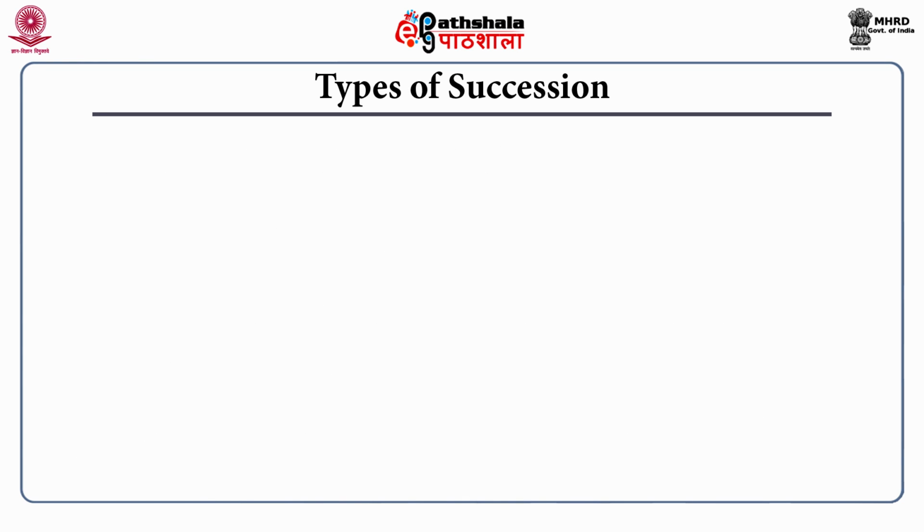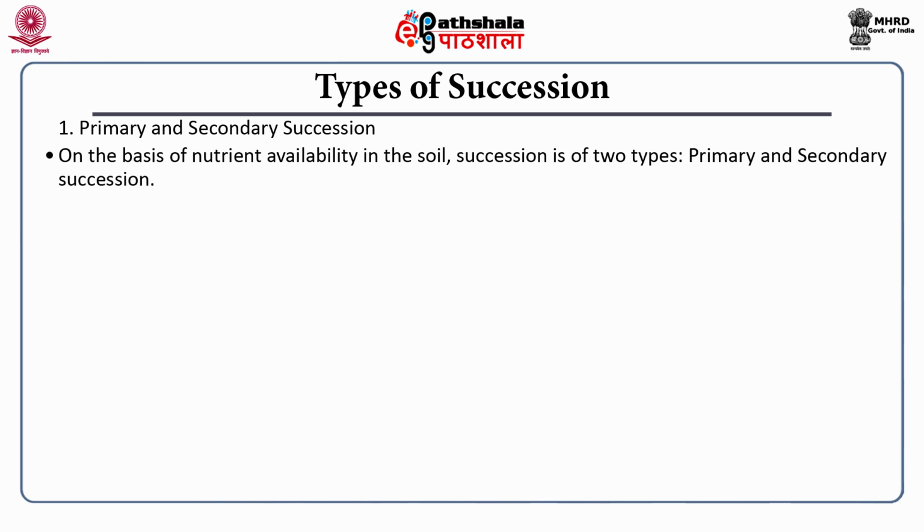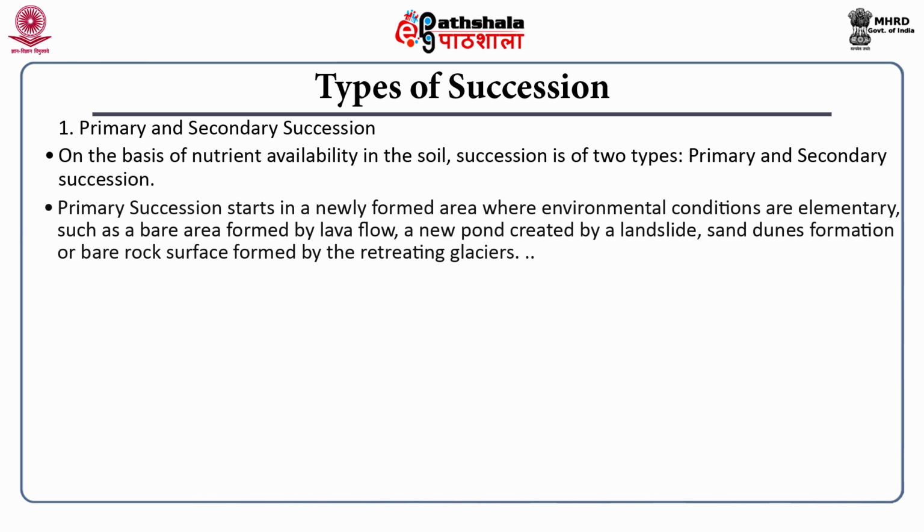Let me discuss different types of succession. On the basis of nutrient availability in the soil, succession is of two types: primary succession and secondary succession. Primary succession starts in a newly formed area where environmental conditions are elementary, such as a bare area formed by lava flow, a new pond created by a landslide, sand dune formation, or a bare rock surface formed by retreating glaciers.